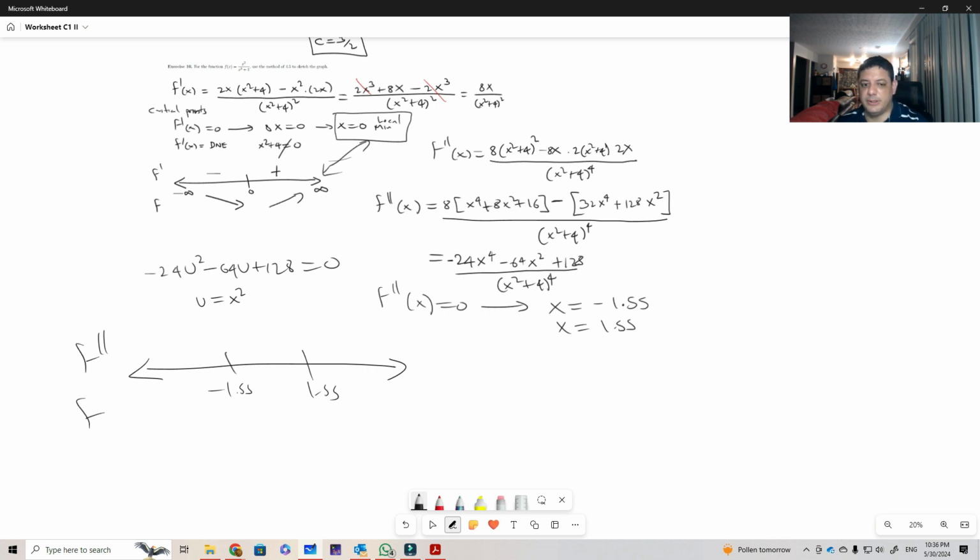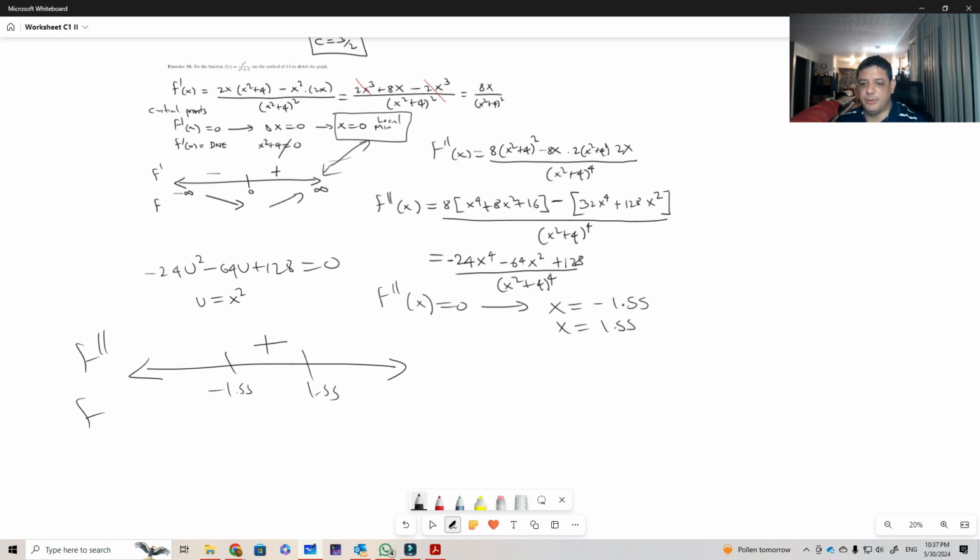First we take a number, for example 0, which is in the middle of these two. Notice that this goes to 0, this goes to 0, and it's going to be 128 over something positive. The denominator is always positive, so we're fine with that. And this is going to be positive.